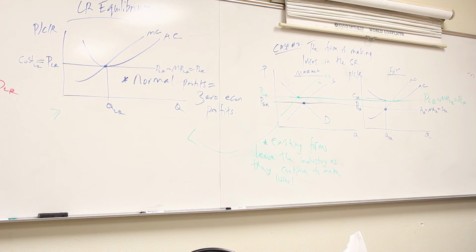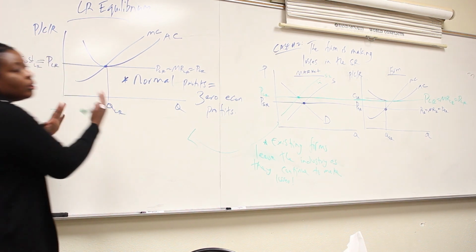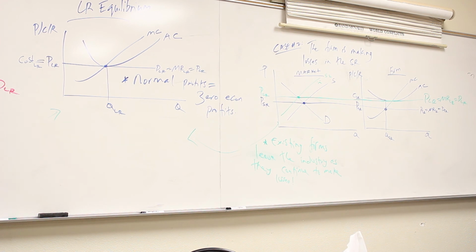The point is, the long run for a purely competitive firm looks like this: normal profits, zero economic profits. If you're making money in the short run, firms enter. If you're making losses in the short run, firms leave. Questions?